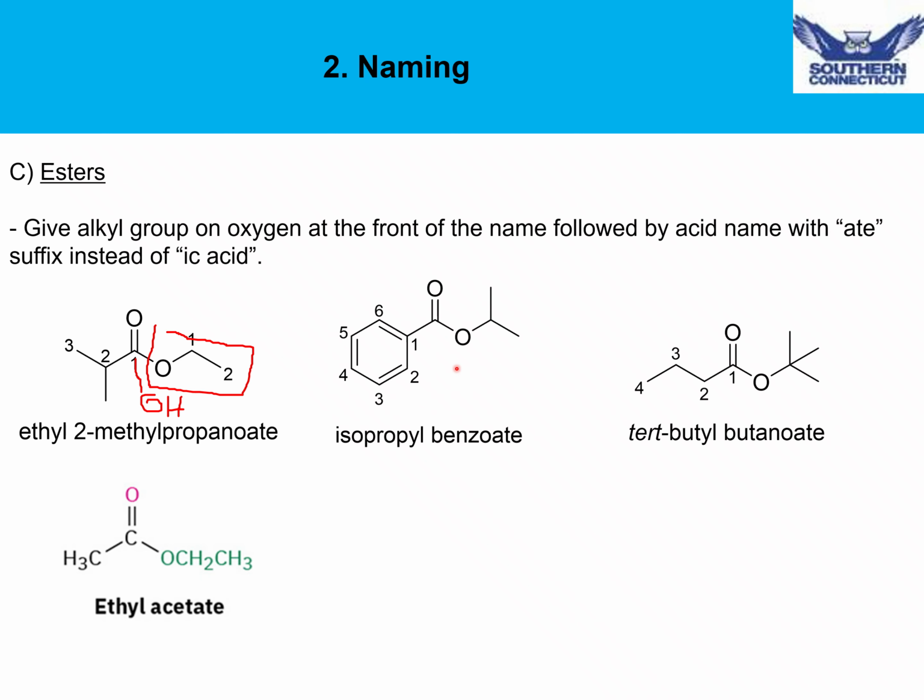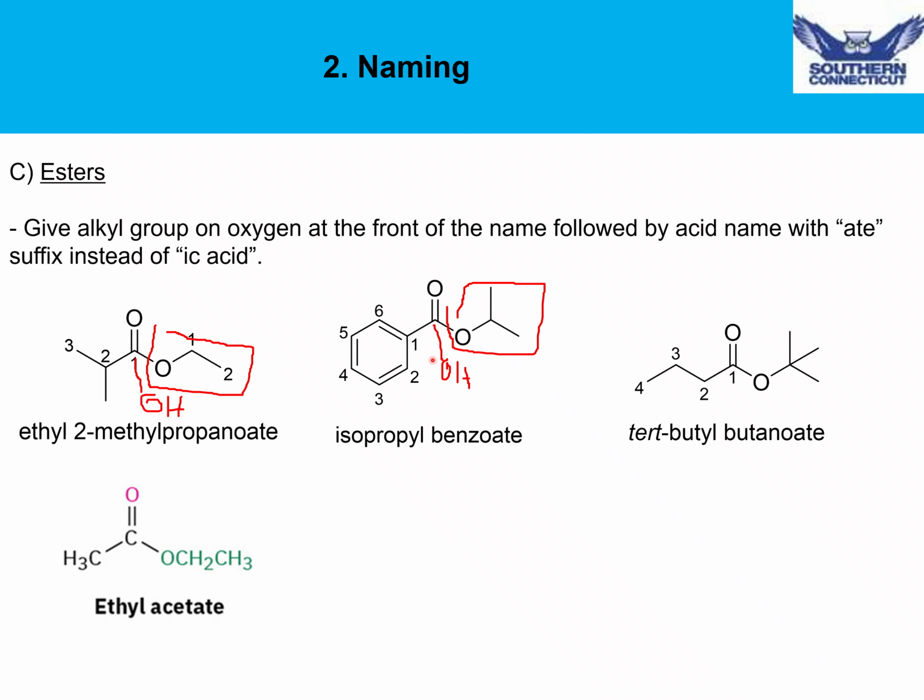The next example has an ester that, if you think about which carboxylic acid it came from, it would be benzoic acid. So again, ignore the alkoxy group on the ester for a moment. We would have this carboxylic acid. So the compound as an ester is named, instead of benzoic acid, as benzoate.